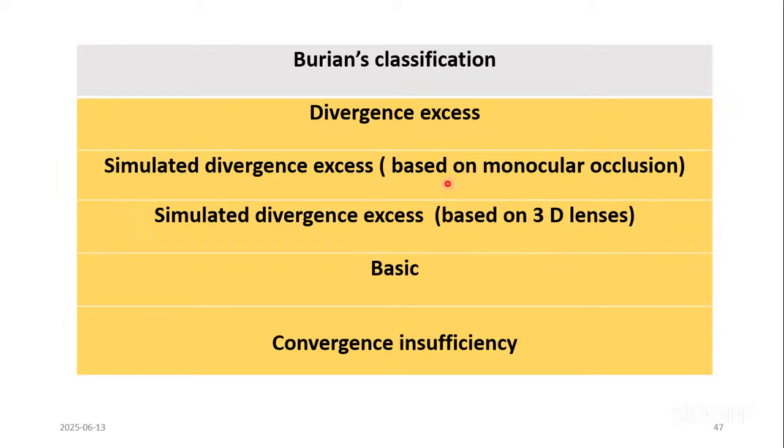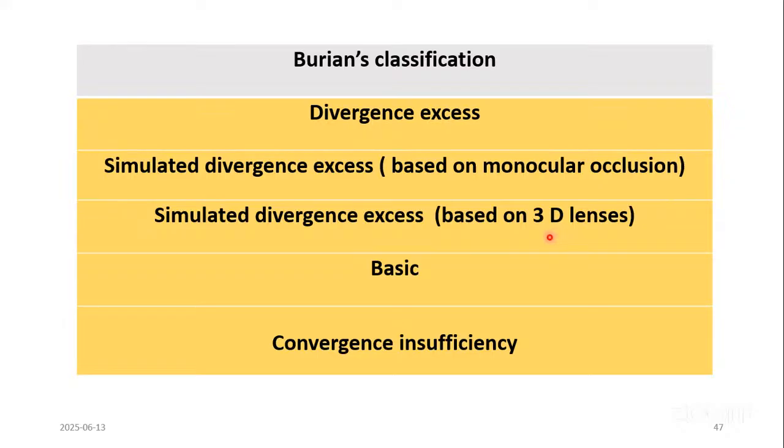But in some patients, even after monocular occlusion, the angle of deviation at near is still less than the angle of deviation at distance. So they might have something called a high AC/A ratio. So use +3 diopter lenses to see if the angle of deviation will increase or not.